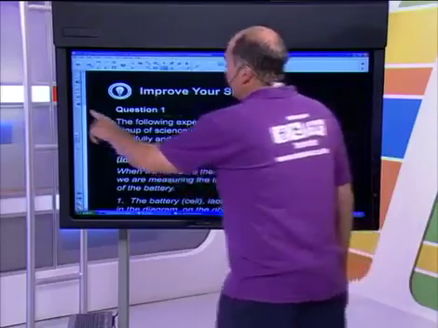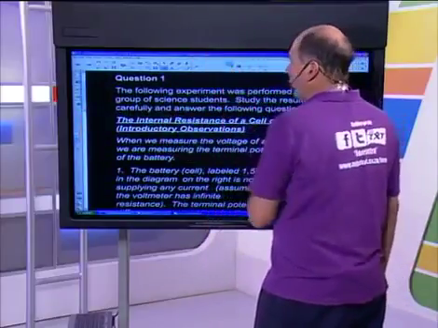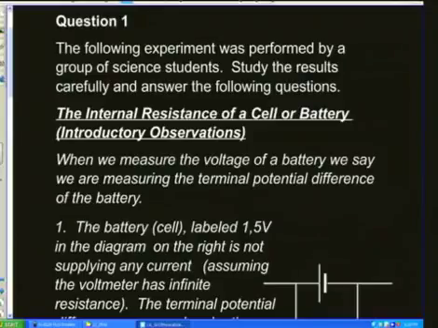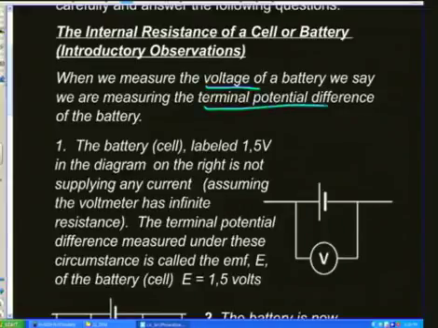Now, let's do some more revision. The following experiment was performed by a group of learners, science students. We were asked to read this little introduction about internal resistance of a cell or a battery. It says when we measure the voltage of a battery, we say we're measuring the terminal potential difference of the battery.